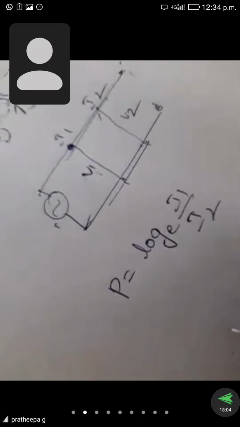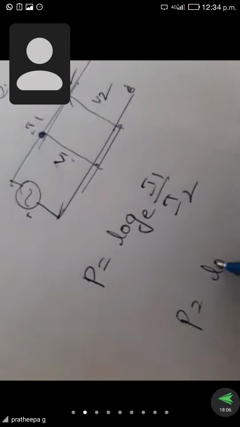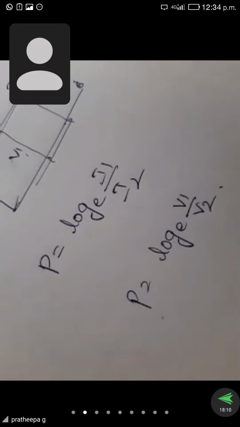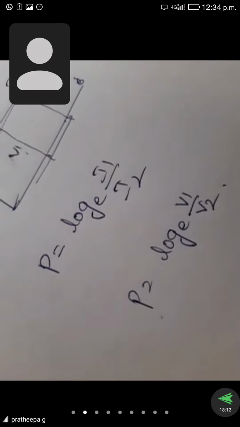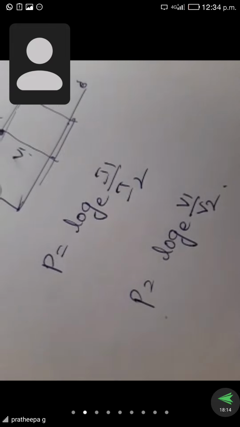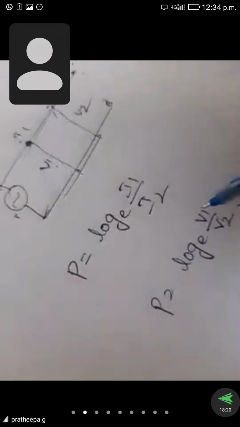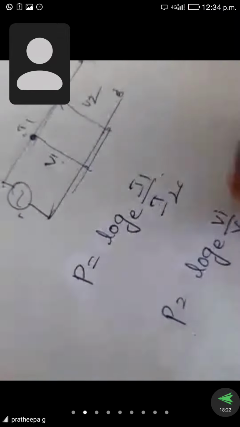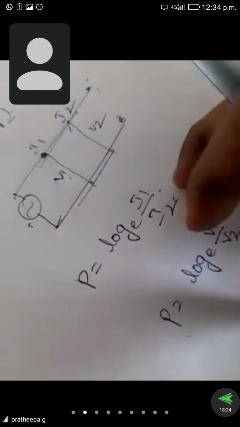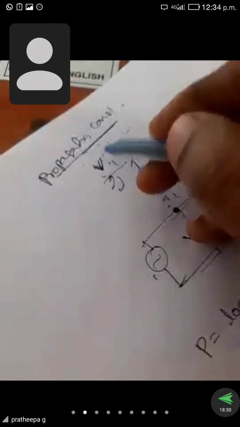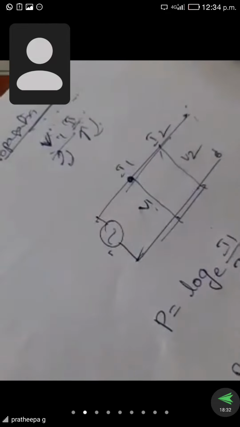This is for current, and for voltage log E V1 by V2. In which way the voltages and currents will be varying in the transmission line, that will be determined by the propagation constant.